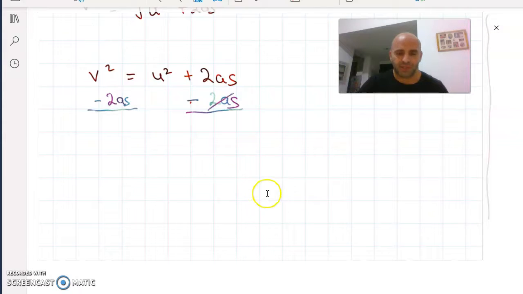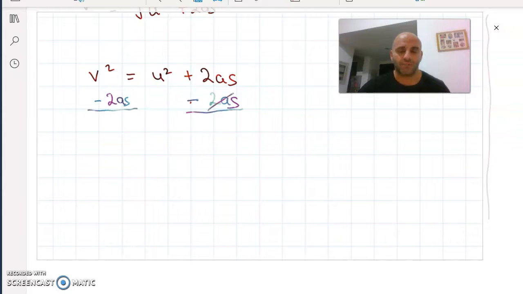So what I would do is I look around my subject, which is u, and I say to myself, well, what is the 2as doing to the u? So you realize, well, it's adding to the u, so therefore the opposite of adding is subtraction. So you subtract 2as on the right-hand side, and if I subtract it on the right-hand side, then I must also subtract it on the left-hand side to maintain that balance, okay?